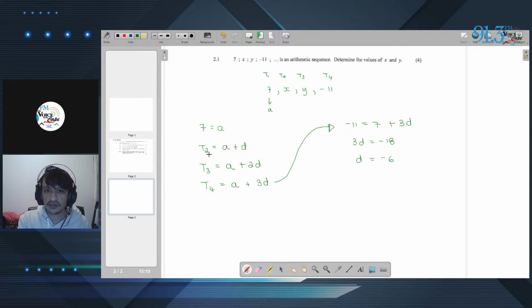So we can go ahead and find term 2 and term 3 with this difference, because term 2 essentially equals x, and term 3 essentially equals y. So I can rewrite it as, okay, x is then equal to 7 minus 6, because the difference is minus 6, and we get the answer of 1.